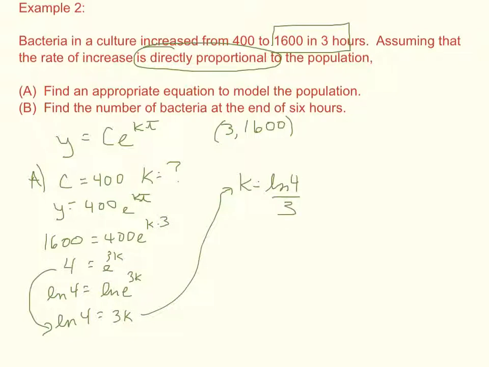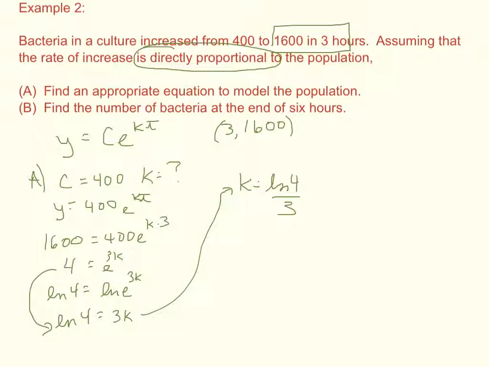And if you plug that into your calculator, then you want to be very careful to make sure you close the parentheses after the 4 before you divide by 3, and you would get 0.4620, and it would keep going. It doesn't stop. It's better, in my opinion, to just leave it as k equals the ln of 4 over 3. That's the exact answer.